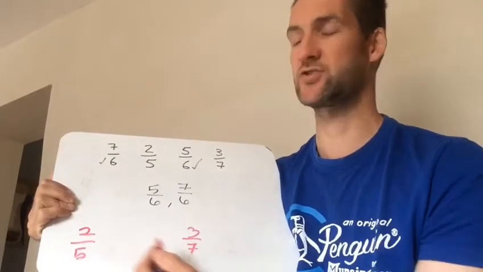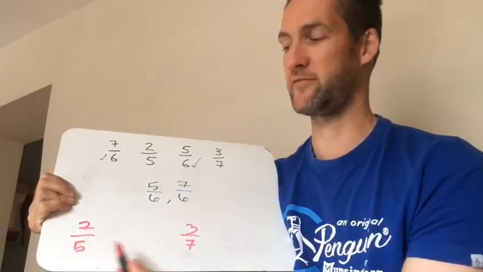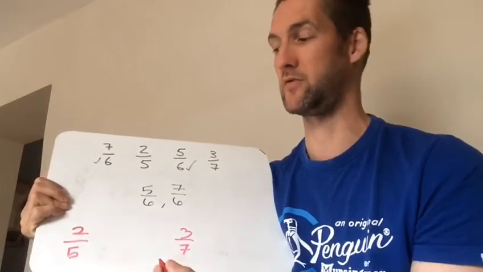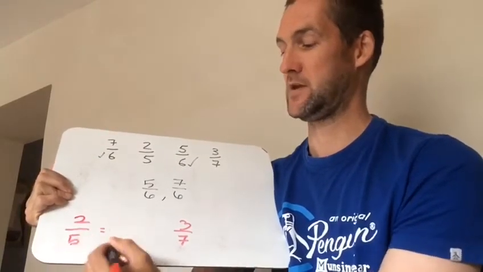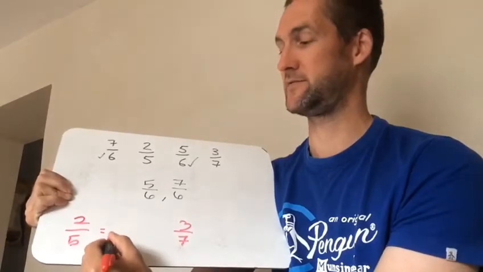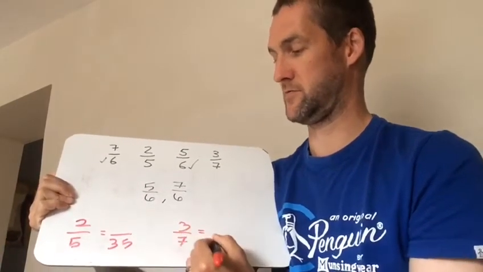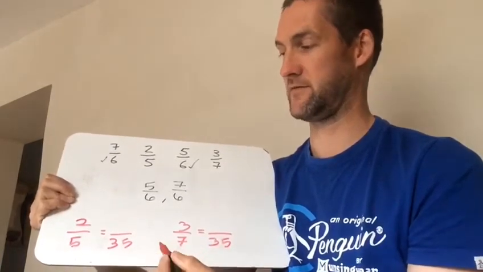Now, if you're comparing just two fractions, if you're not too sure, a good way of doing that is just by multiplying 5 by 7, because then you'll know that the other number is a factor of that number. So let's change those. 5 times 7 is 35. So both our denominators now are 35.